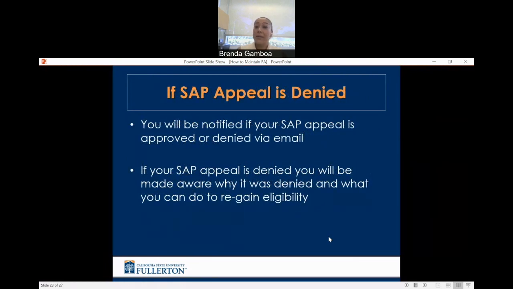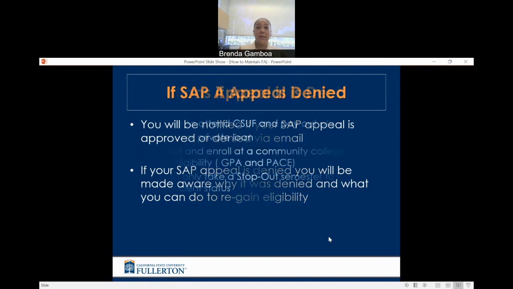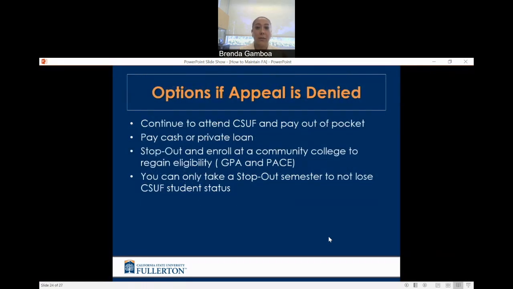If your SAP appeal is denied, you will be notified via email why it was denied. And if your SAP appeal is denied, then at that point, you are no longer eligible for financial aid. You can still continue to attend CalState Fullerton, but you must be aware that because you're no longer eligible for financial aid, you must pay out of pocket or apply for a private loan.